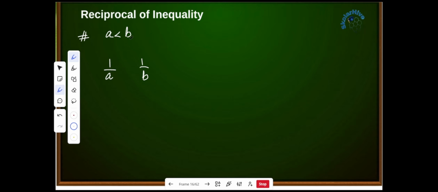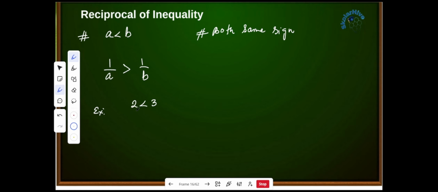So if we take the reciprocal of the numbers, the inequality sign changes if both the numbers, left and right, have the same sign, either both positive or both negative. In that case the inequality sign will change. So let's see one example to understand it in a better way. Suppose we have given 2 less than 3.